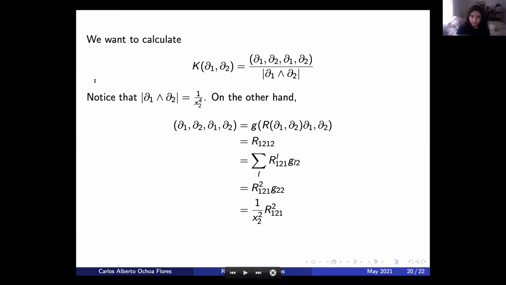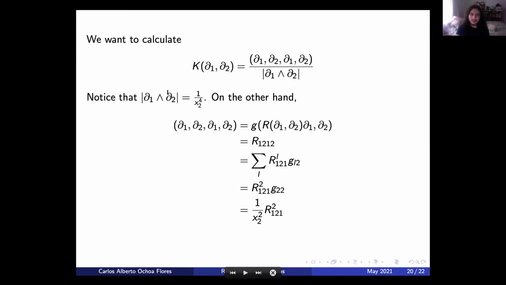Now, as I said, to calculate the sectional curvature it is enough to calculate it in terms of the basis given by the two coordinate vector fields, which in this case are defined not only locally but globally, since we only have one chart. And so we want to calculate the Riemann curvature tensor evaluated at partial 1 and partial 2.